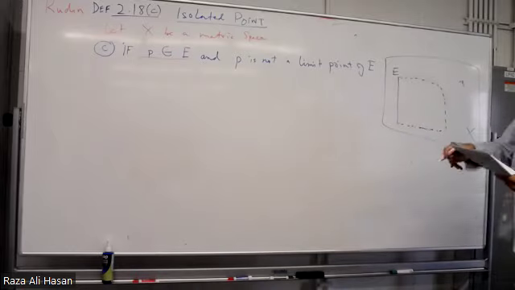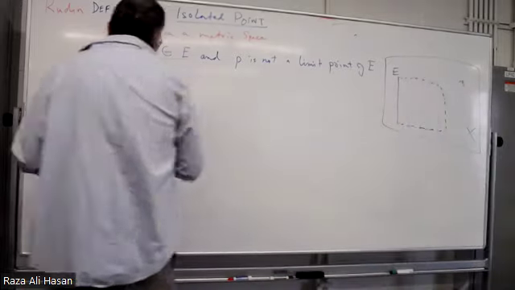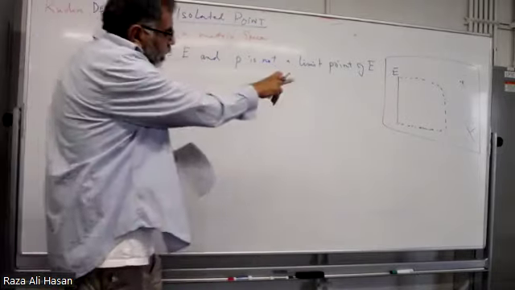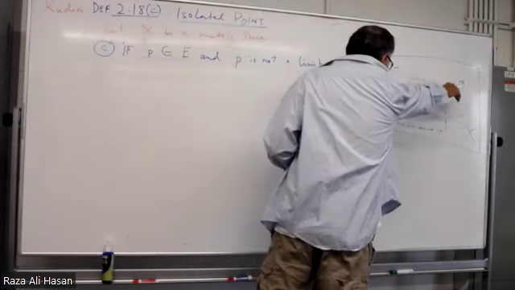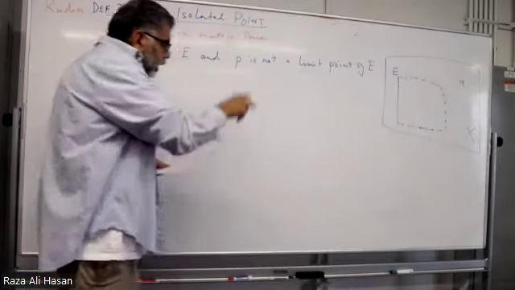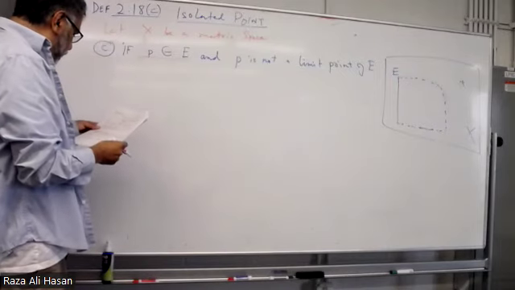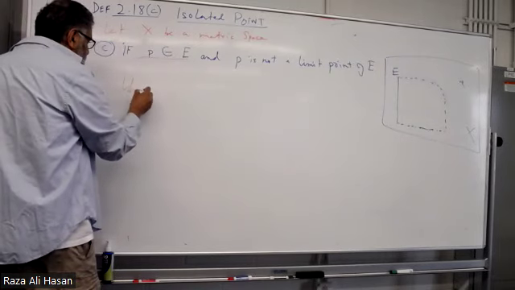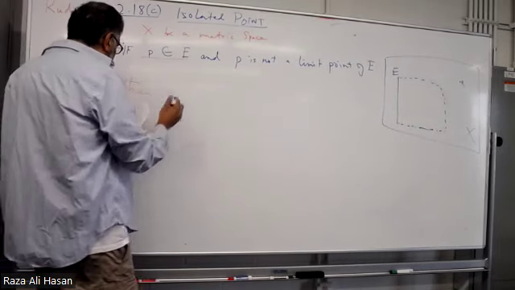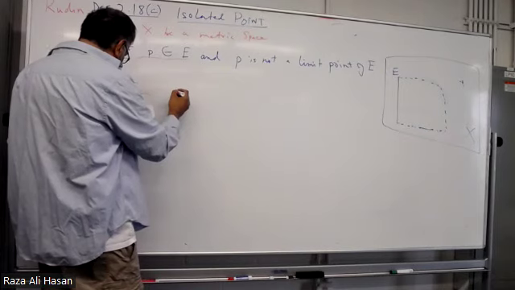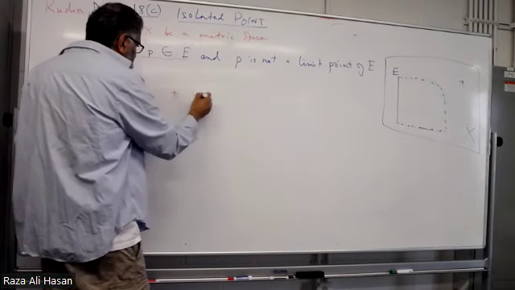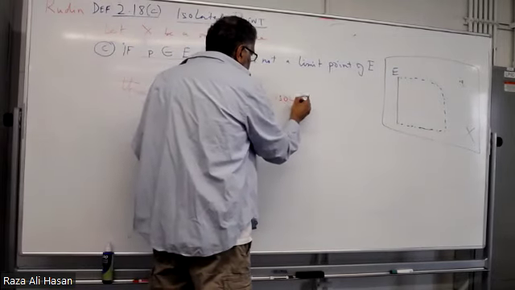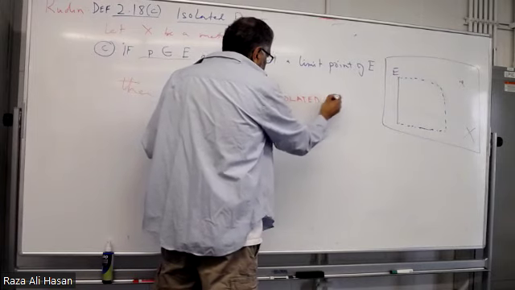And now if these two conditions are true, which is now represented by this picture here with P outside of the set E in the metric space X, then Mr. Rudin goes on to say that if these two conditions hold, then P is called an isolated point.